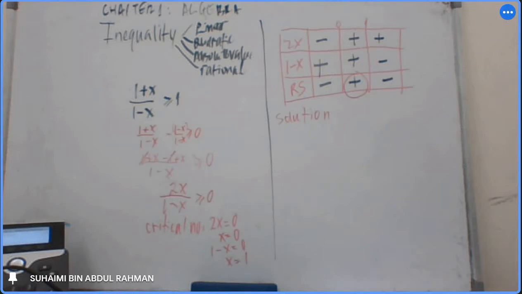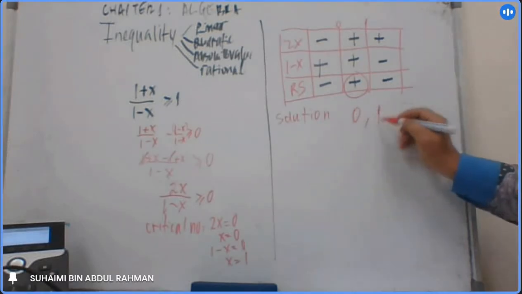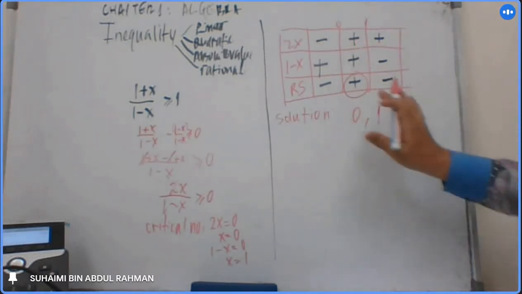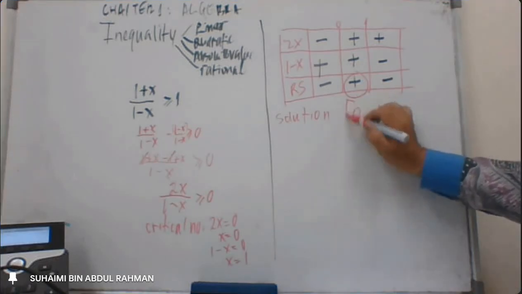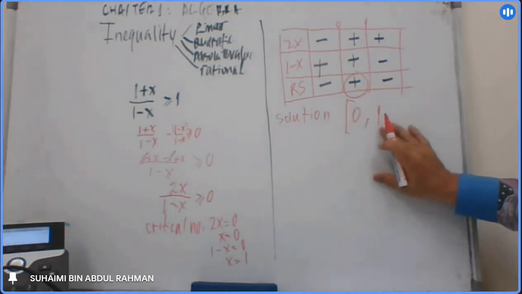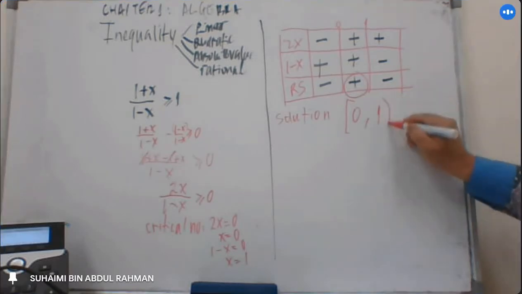Between 0 and 1. Is that including 0? Yes. Is that including 1? No.